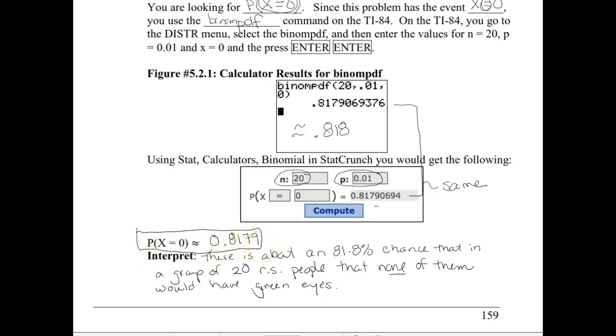Okay, but that kind of reads a little weird. It makes sense in what we said, but the sentence we've written is more how people would typically say that. Okay, so there's about an 81.8% chance in a group of 20 randomly selected people that none of them would have green eyes. Okay, so very highly probable that that would happen.